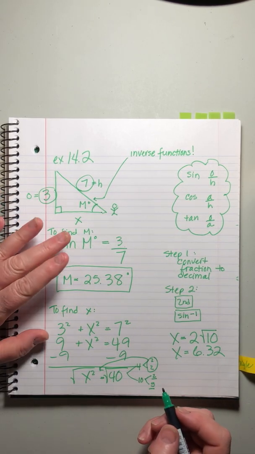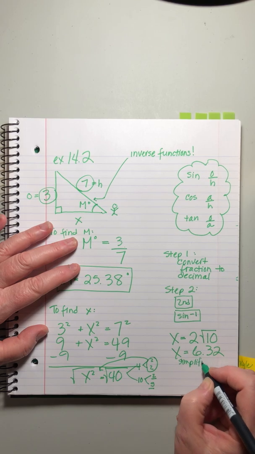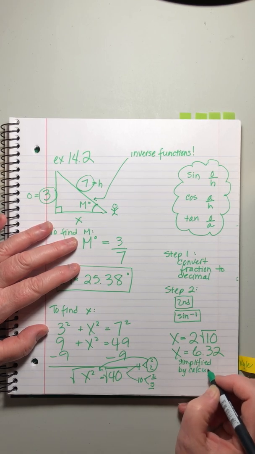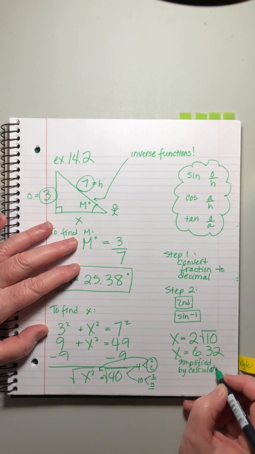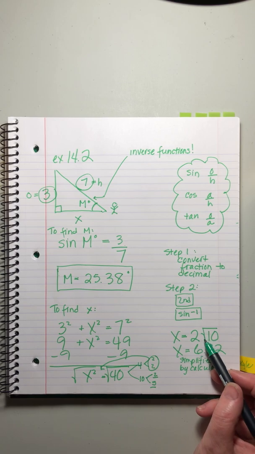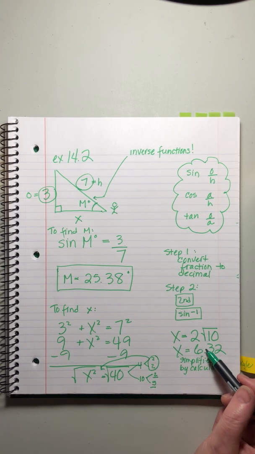Now, what about the fact, just a second, simplified by calculator. We do not have the capacity to calculate the square root of 10 in our brains, right? We can simplify it, but we can't make that go away. With the calculator, you can.